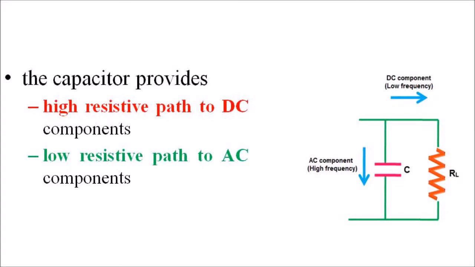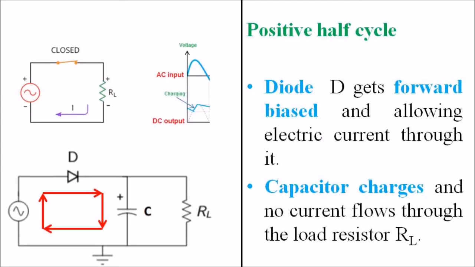The passage of the AC component through the capacitor is nothing but the charging of the capacitor. So in simple words, the AC component is an excess current that flows through the capacitor and charges it. This prevents any sudden change in the voltage at the output.